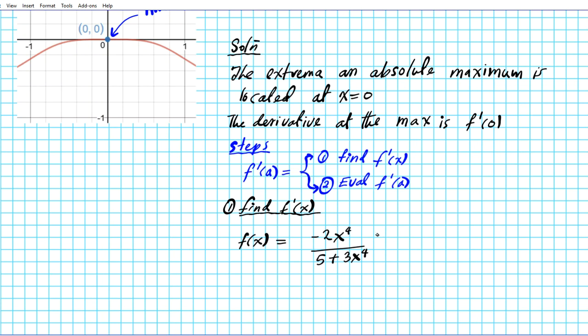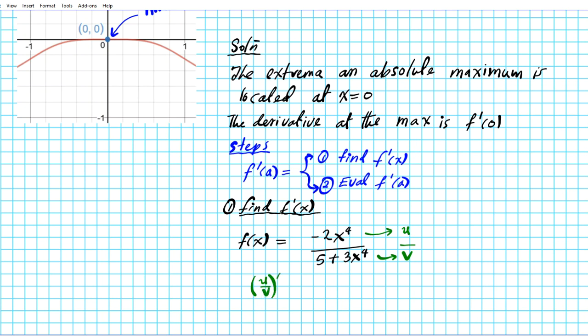There's no way we can rewrite it to avoid using the quotient rule. So we're just going to name the numerator portion u, and the denominator we're going to call v. So we have u over v. Now, what is the formula for the derivative of a quotient of two functions? Let's review the quotient rule.